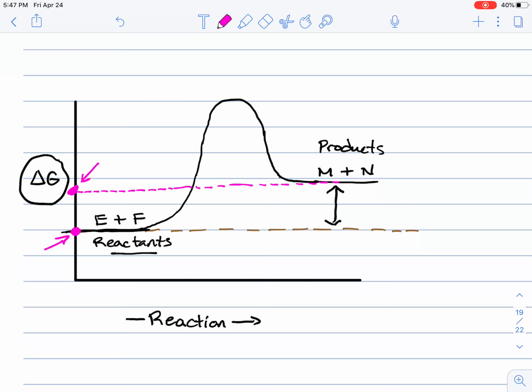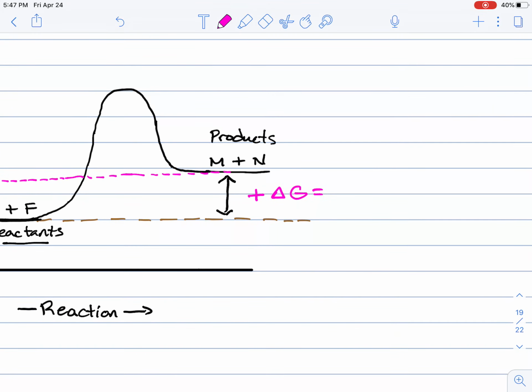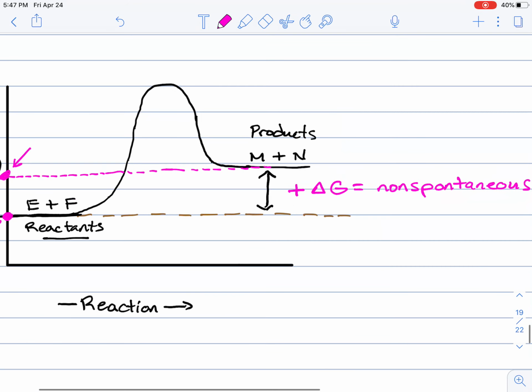And since we have a net increase of delta G, this is telling us that overall the reaction is non-spontaneous. So the condition is, the free energy of the products is much greater than the free energy of the reactants, which is similar to what we discussed in kinetics.